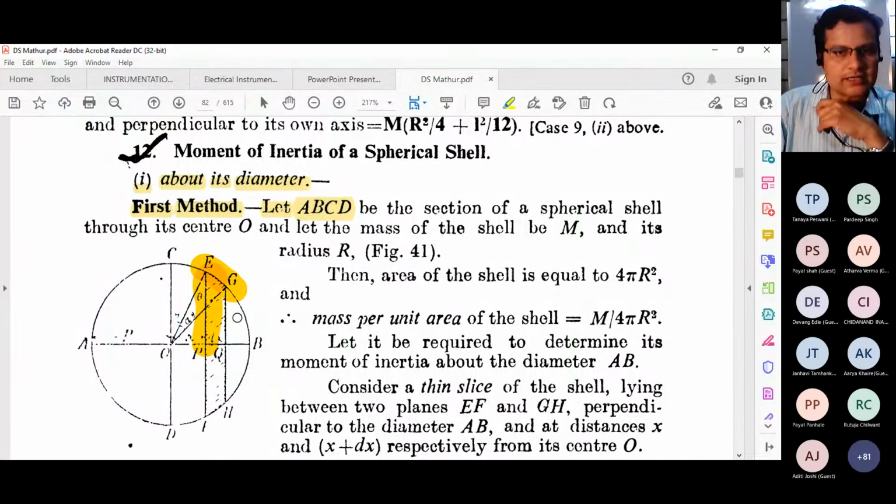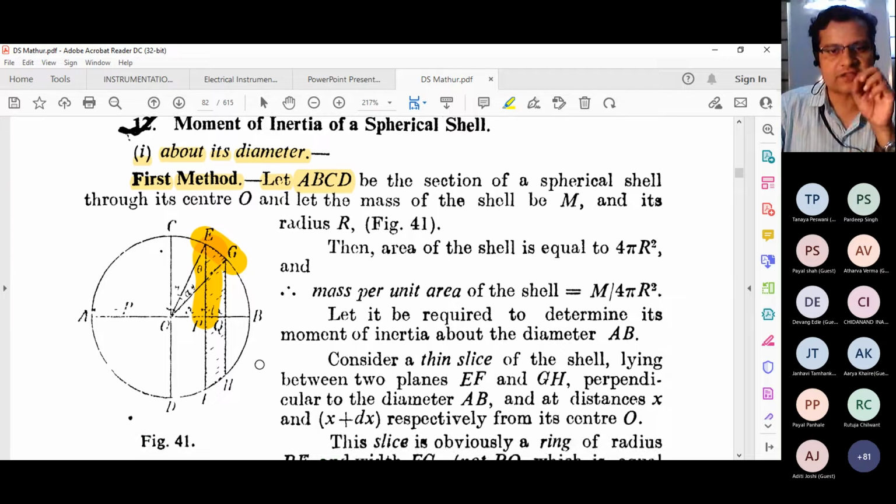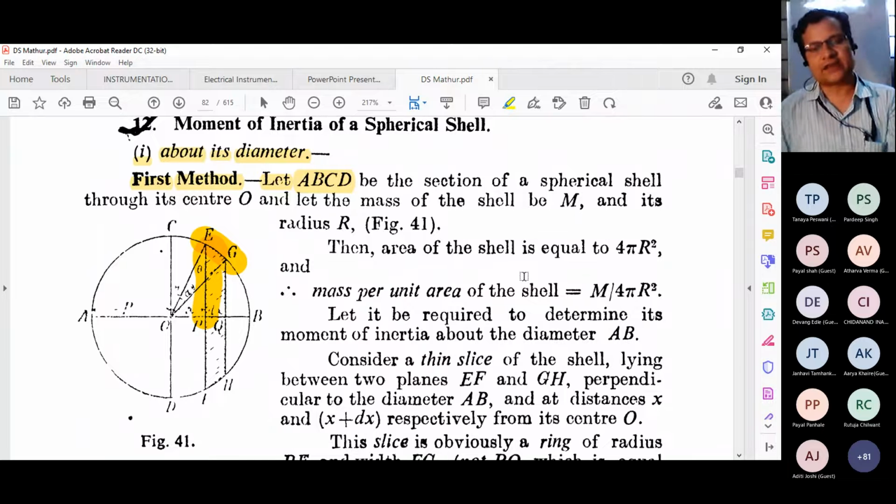So in this case we consider a section of this shell as ABCD, where AB and CD are the diameters of this shell passing through the center. We know the area of the shell and the mass of the complete shell, that's why we know the mass per unit area of the whole shell.